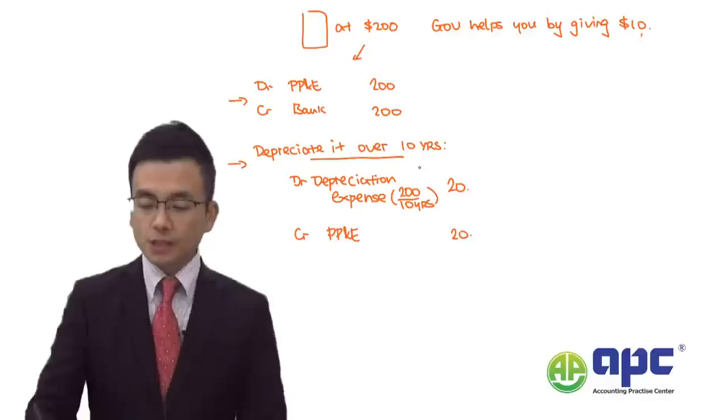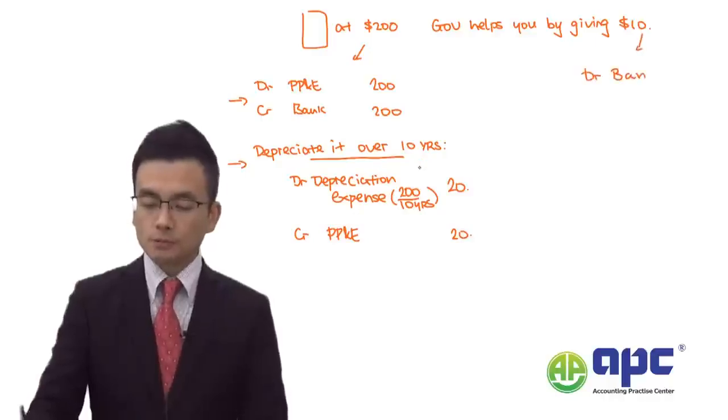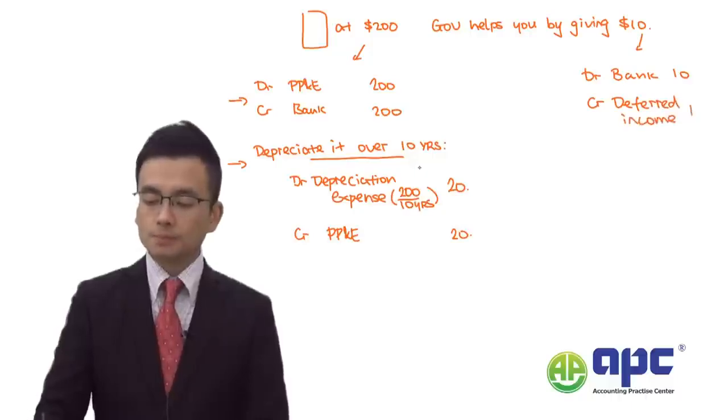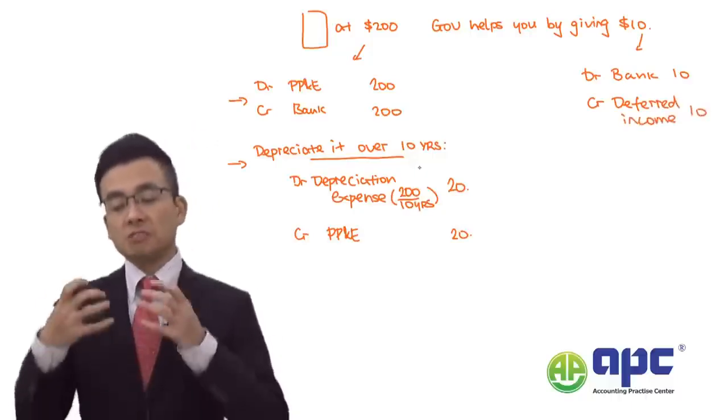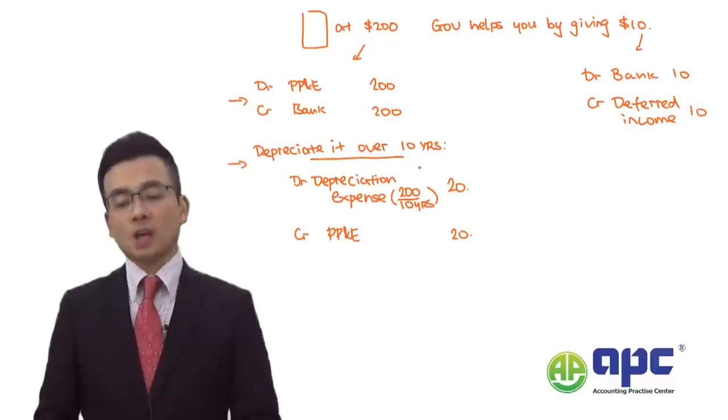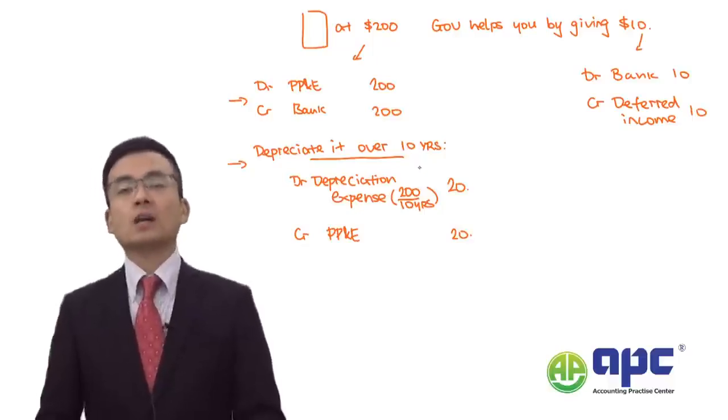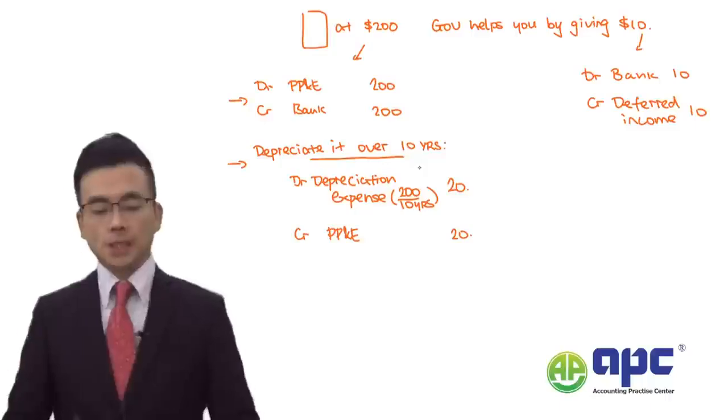When receiving that $10, we debit bank of 10. We put that into a deferred income liability, into a statement of financial position by 10. But subsequently, we'll release that deferred income liability over the next 10 years in each and every year by releasing $1 into the P&L.